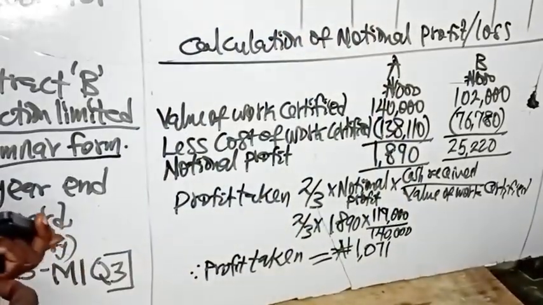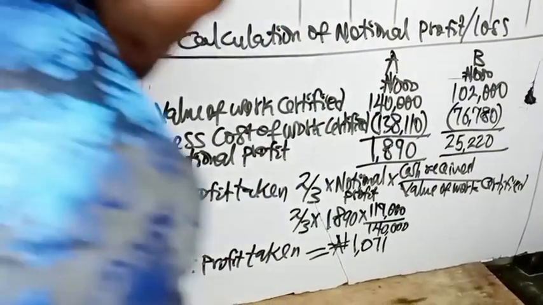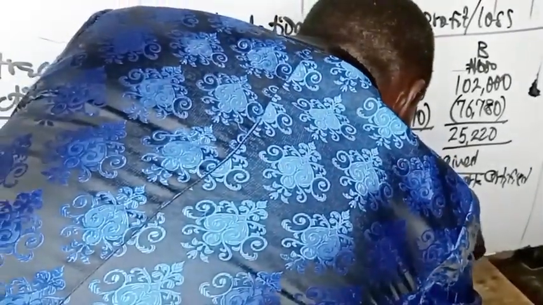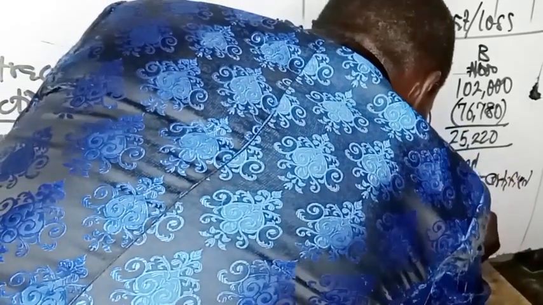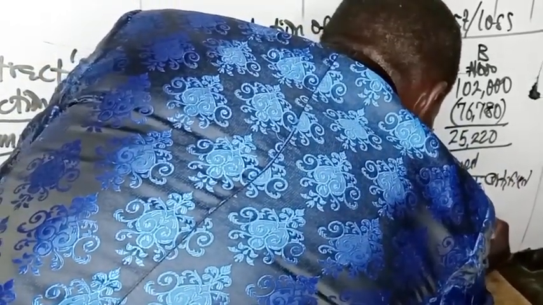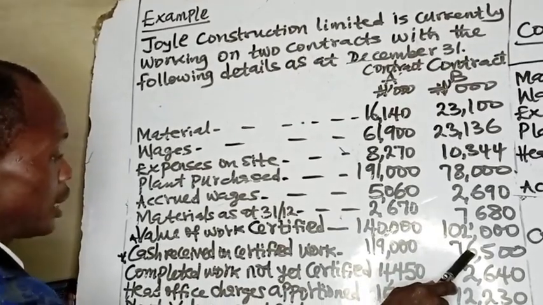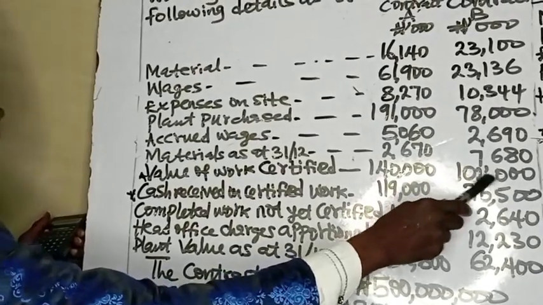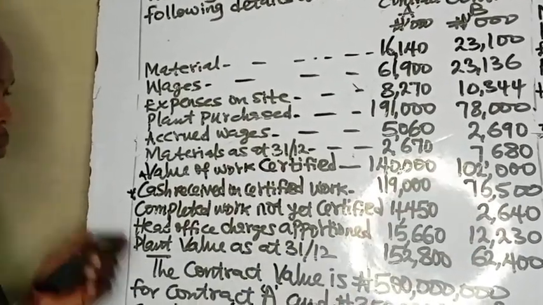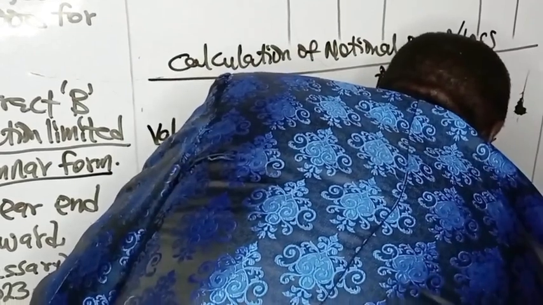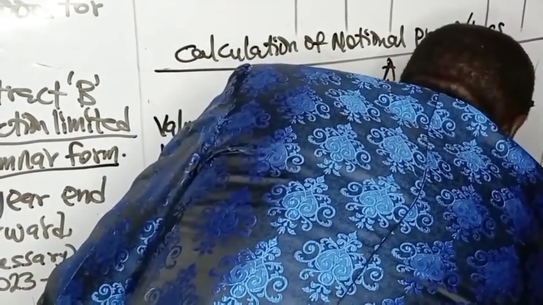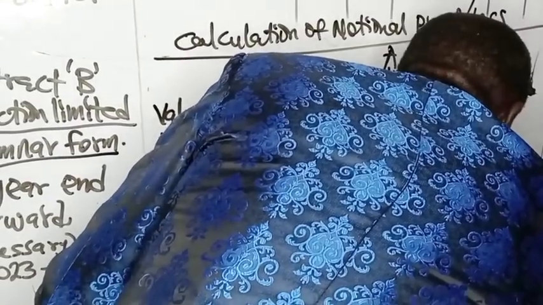That is for contract A. Contract B, 2/3 of notional profit, which is 25,220, times cash received from contract B. Back to the question, cash received on work certified is 76,500 and value of work certified is 102,000. So we have 76,500 over 102,000.